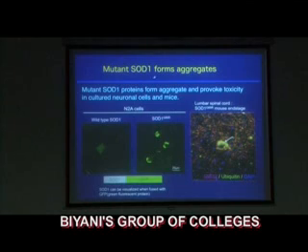At the cell level, mutant SOD1 forms aggregates. Mutant SOD1 proteins provoke toxicity in cultured neuronal cells. These are neuronal cells expressing wild type or mutant SOD1 fused with green fluorescent protein to visualize the SOD1 proteins. These two apparently look different, but the only difference is a single amino acid substitution.